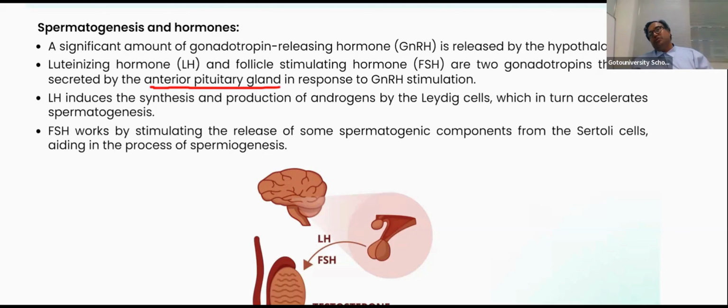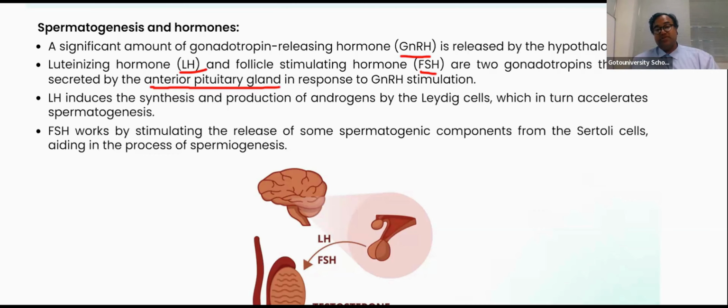There are not two pituitary glands, only one pituitary, the anterior segment. For example, for my body, this head is the anterior segment, right? Like this for the pituitary, the head segment is called the anterior segment or anterior lobe. From there, we are getting LH and FSH. For this to come, I need the influence of GnRH of the hypothalamus. So GnRH of the hypothalamus influences the anterior pituitary so that you're getting LH and FSH, right? This LH and FSH are gonadotrophins.